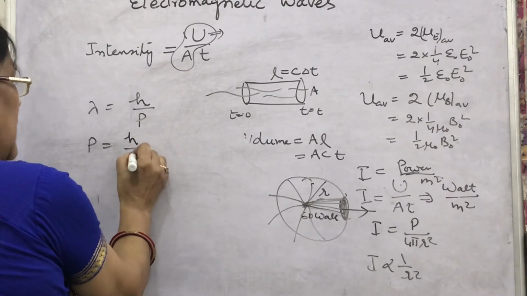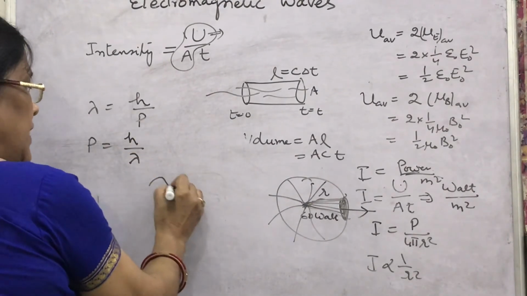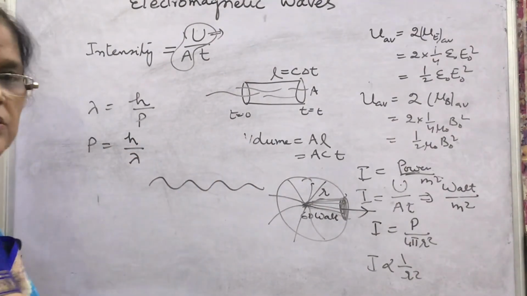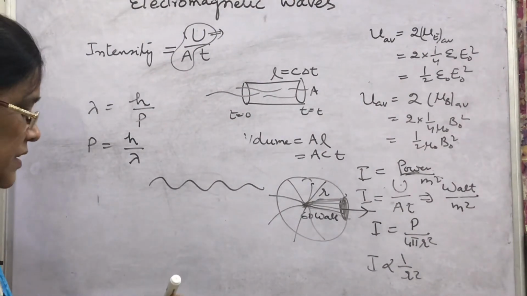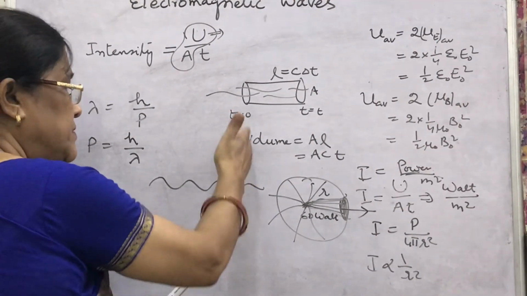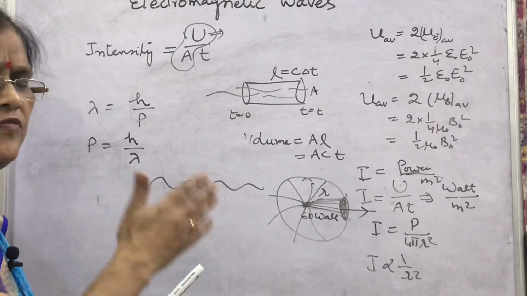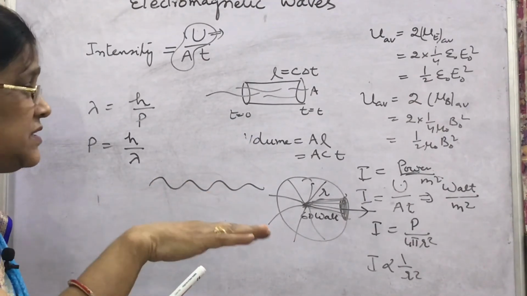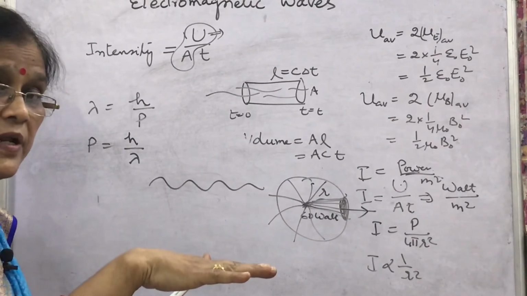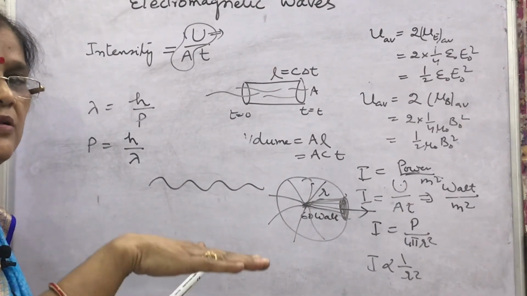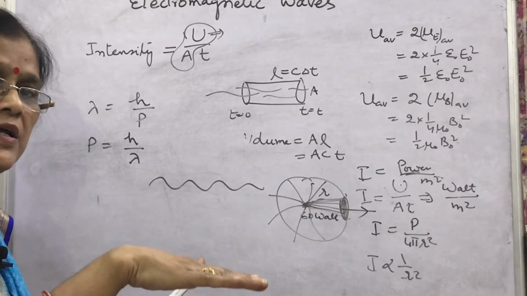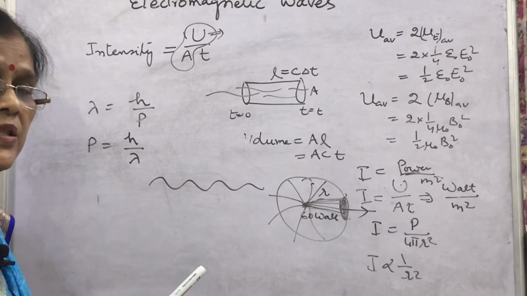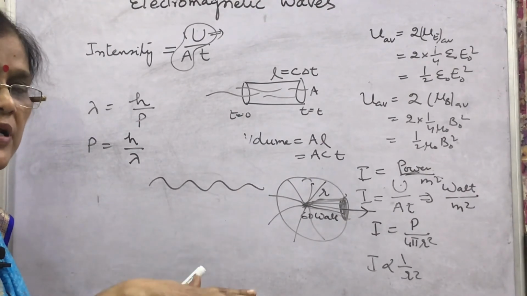p is h by lambda. If the EM wave is traveling, and in the path of the EM wave, perpendicular to the propagation, you consider a plane where some charges are there, then they will be set in motion by the electric field and magnetic field.